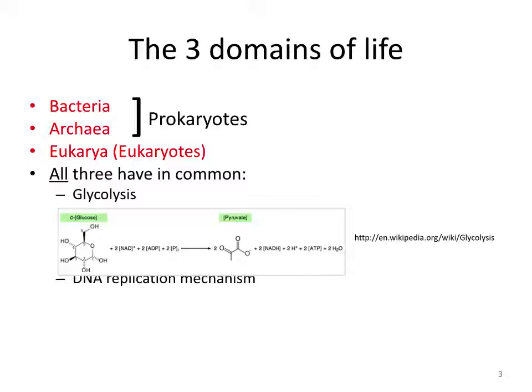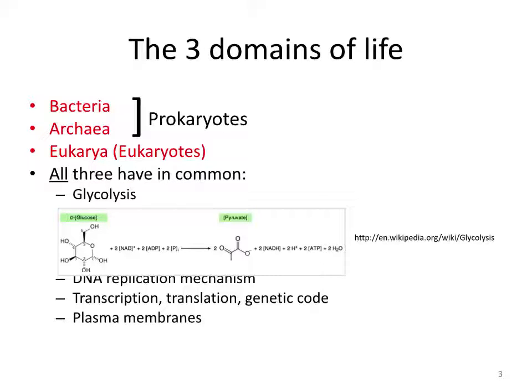Their enzymes are homologous in that the sequence of amino acids in the enzyme can be aligned with the inference that all of the DNA replication enzymes that all cellular life has evolved from a single set of enzymes in a common ancestor. And this is then true for transcription, translation, and the genetic code.